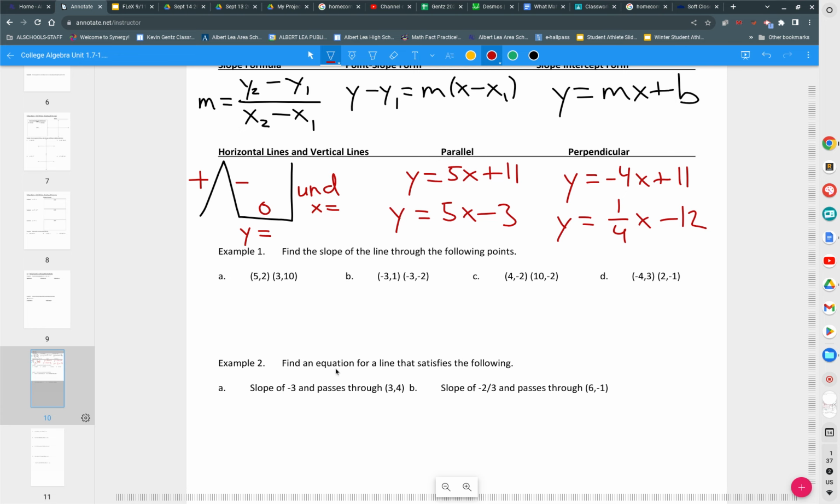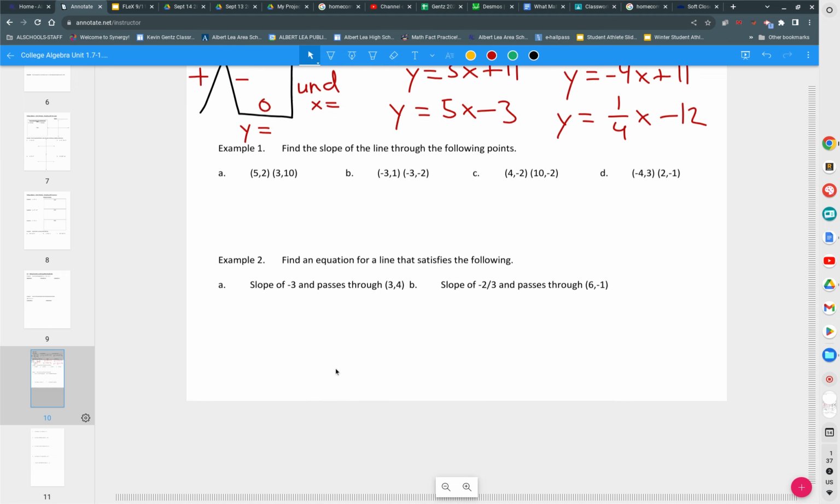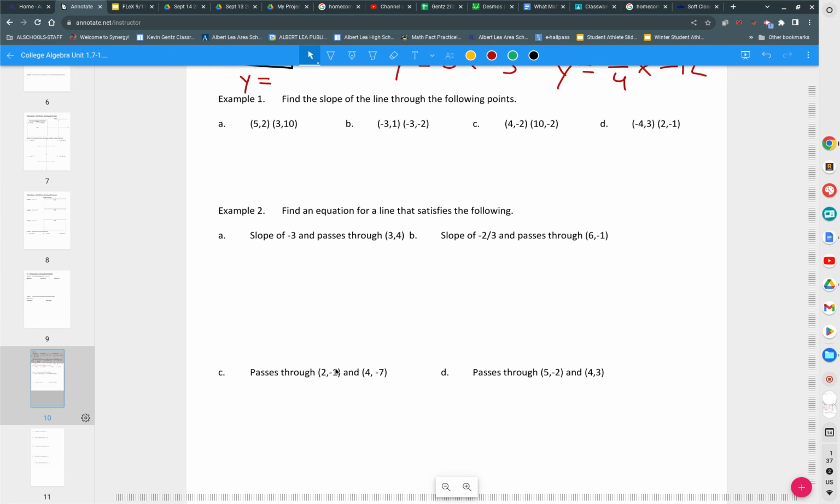Okay? All right. So I'm going to go down here, and we're just going to practice first by finding slope. I find the slope by doing y sub 2 minus y sub 1 divided by x sub 2 minus x sub 1. And I get 8 over negative 2, which is, if you were to write negative 4 over 1, that's fine.